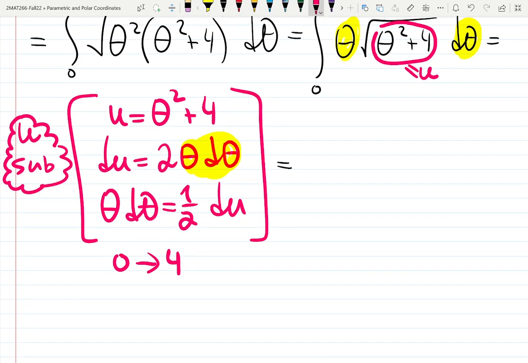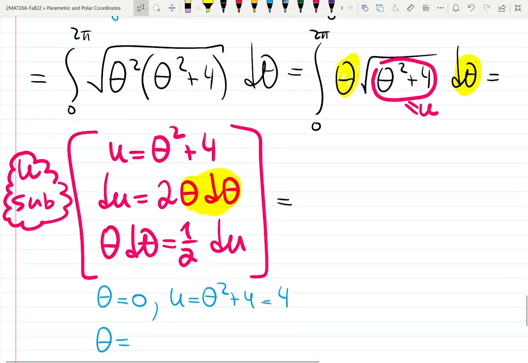Do you know how I'm changing limits of integration? Some people actually keep asking about this, so I think it's not very clear. So theta was 0. U is theta squared plus 4. 0 squared plus 4 gives you 4. Theta was 2 pi.